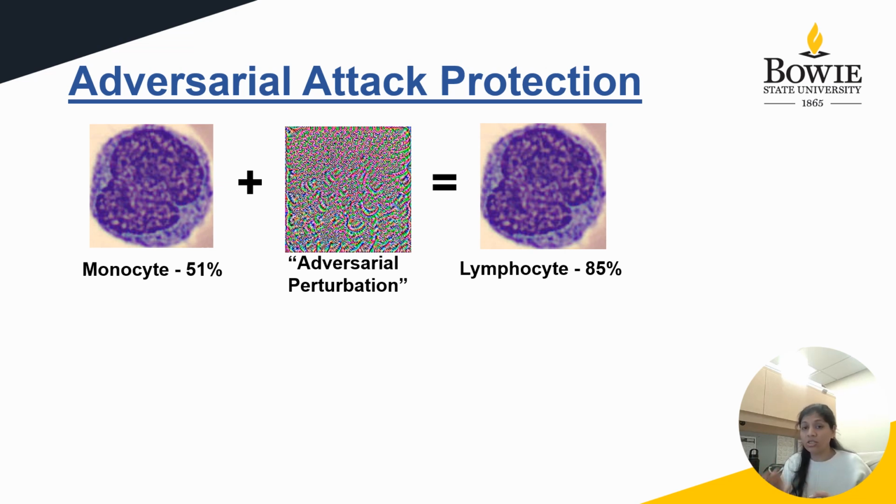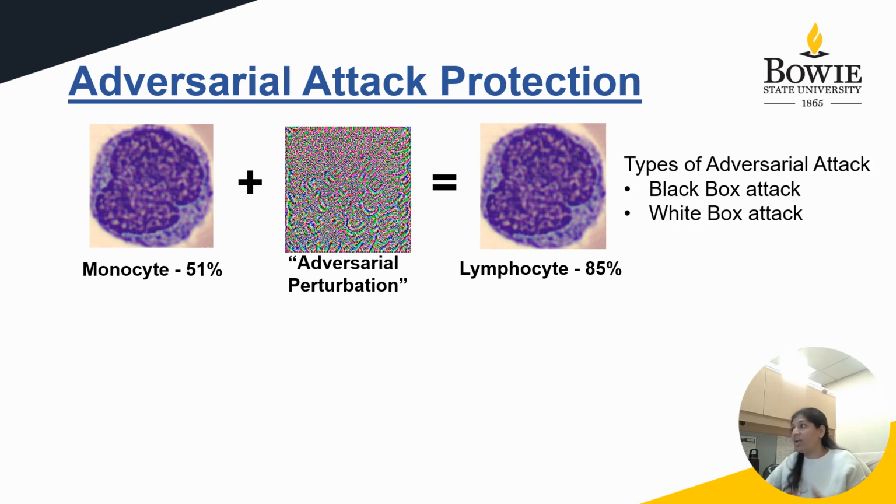This manipulation is called an adversarial attack. There are two different types of adversarial attack: black box attack and white box attack. In a black box attack, the attacker has no knowledge of the model, including the parameters, whereas in a white box attack, the attacker has full access to the model.